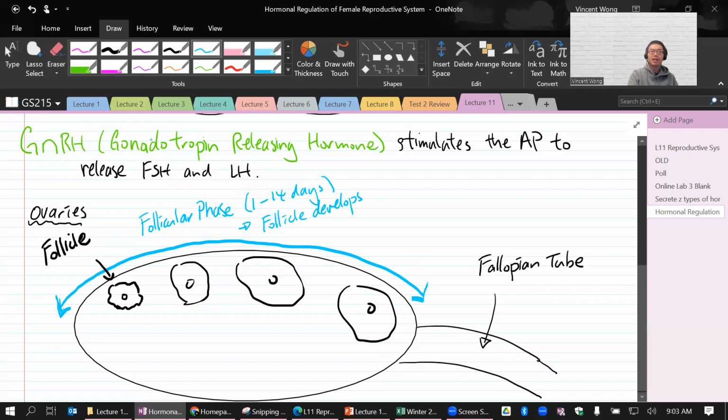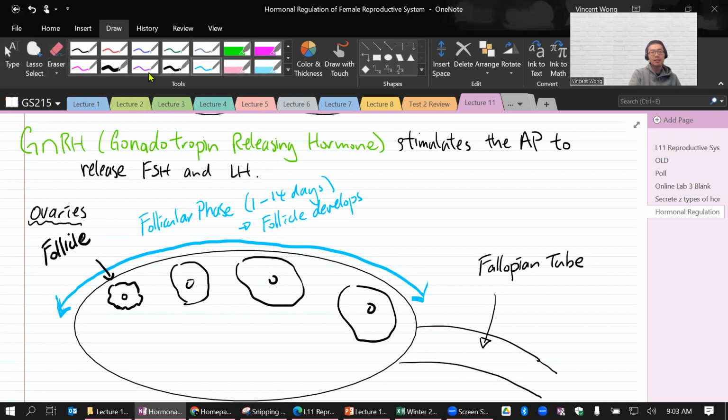Is it the FSH? Yeah, because the name tells you so. What does the follicle stimulating hormone do? It stimulates the follicle. So under the influence of FSH, the follicle will be stimulated and will develop.